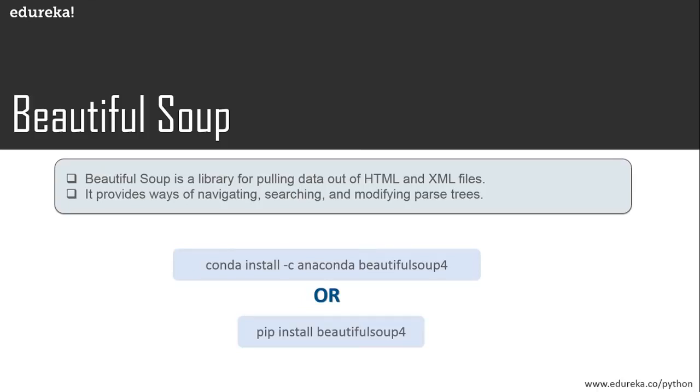It creates a parse tree for the parsed pages that can be used to extract the data from HTML. Now this is actually useful in web scraping. To install this library, in the Anaconda environment, use conda install -c anaconda beautifulsoup4. And on the IPython shell, you can use pip install beautifulsoup4.